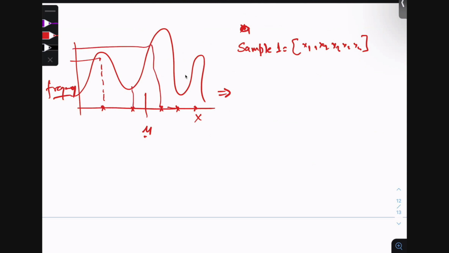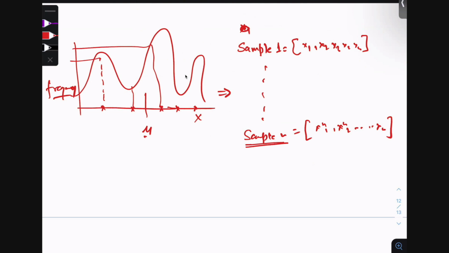Now similarly I will take multiple samples, up to sample n. This will be xn1, xn2, something like that. And what I do is I will plot a sample statistic.